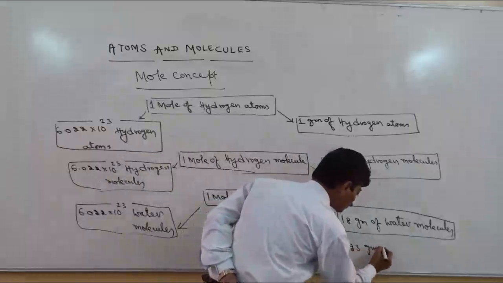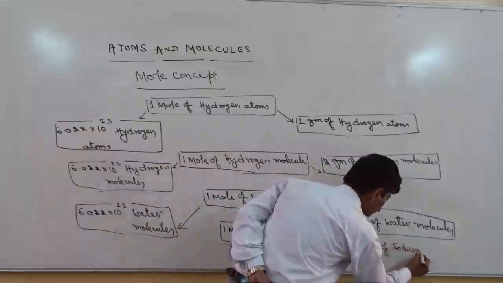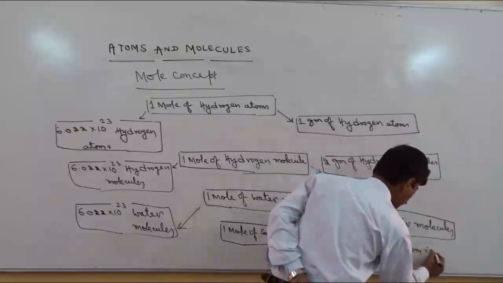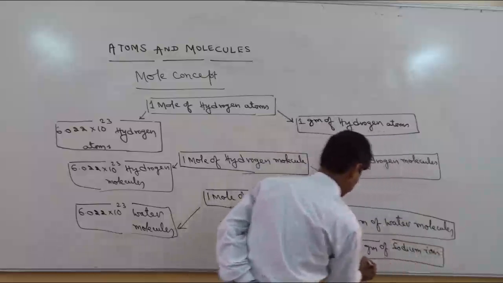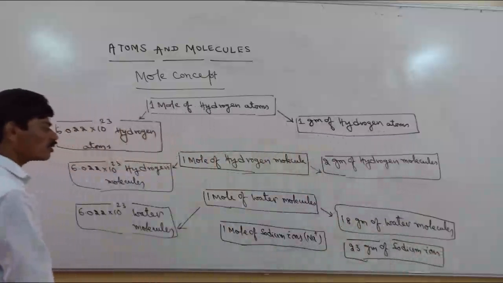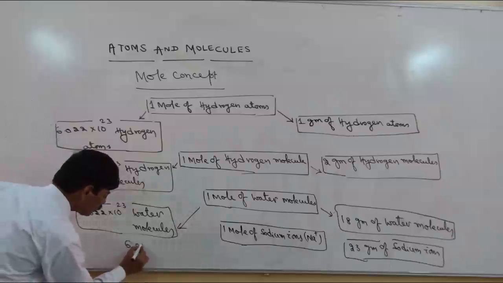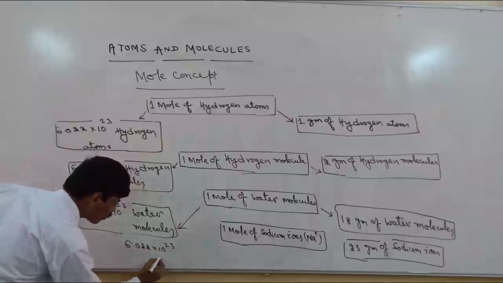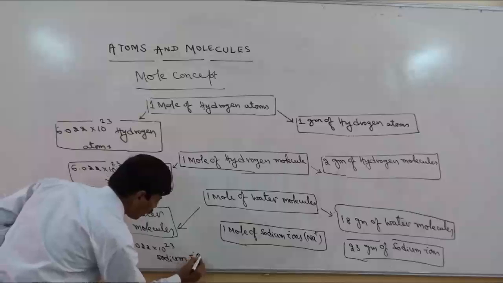So 23 grams of sodium ions contain 6.022 × 10^23 sodium ions.